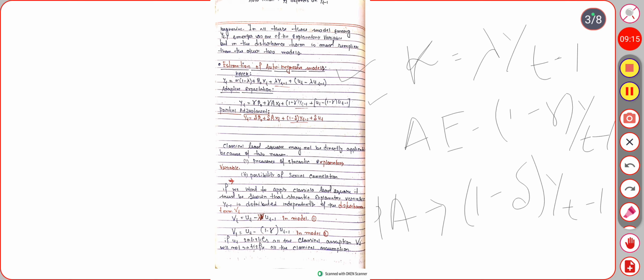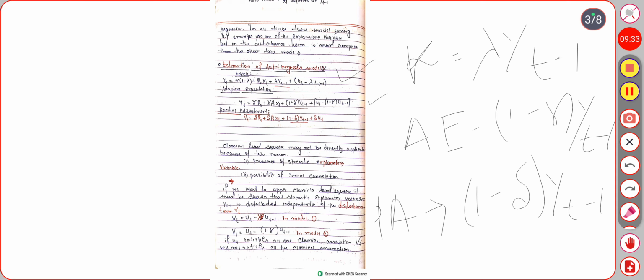If we want to apply classical least squares, it must be shown that the stochastic explanatory variable yt minus 1 is distributed independently of the disturbance term vt.